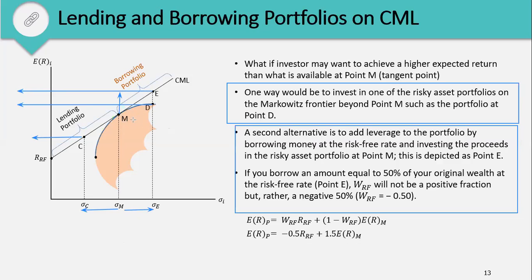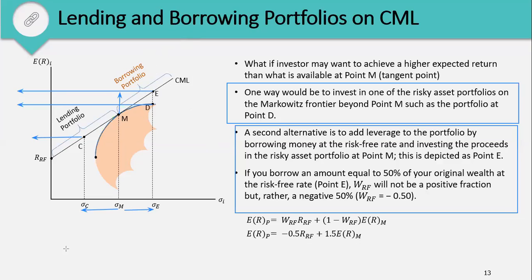You get a return higher than the market portfolio if you go for D, and even better if you go for E. If that is the case, then that type of portfolio we call a borrowing portfolio. So let me calculate the borrowing portfolio and lending portfolio here.